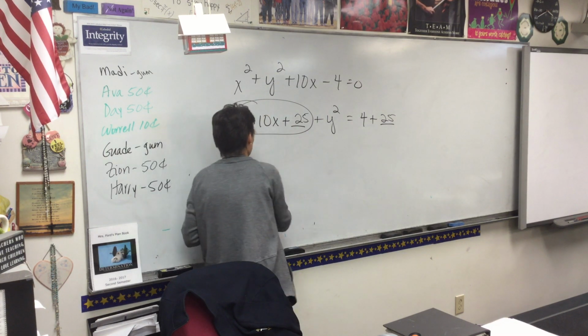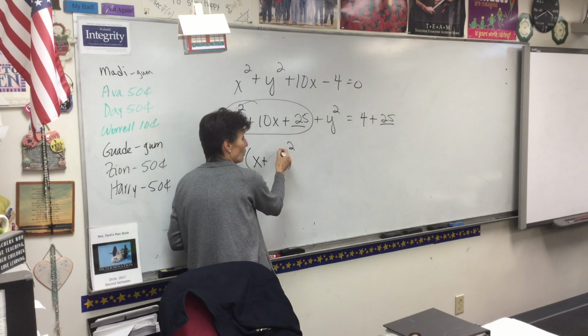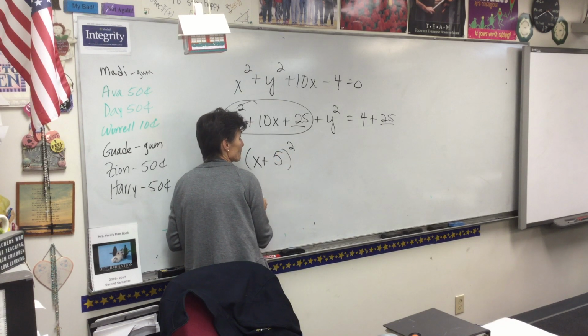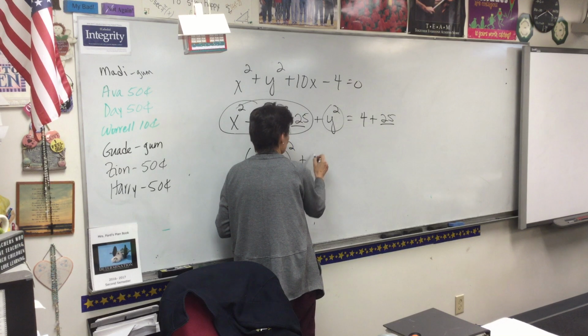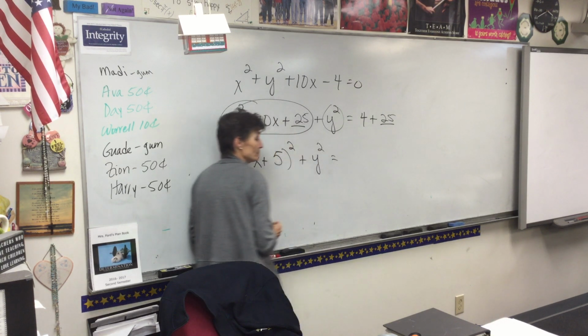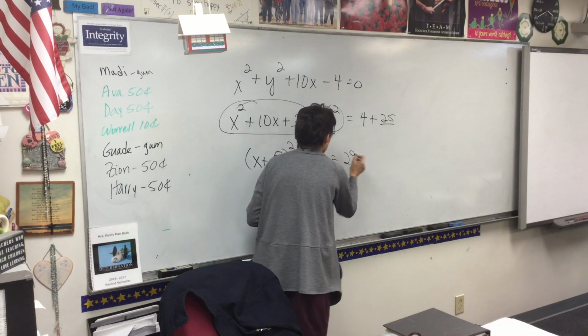So that grouping has to be something squared. Obviously, it's going to be x plus, what, 5? Now, this one doesn't have anything to group with it, so it just stays y squared. And 29 when you add those.